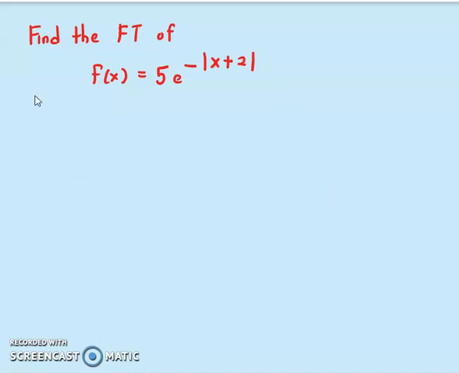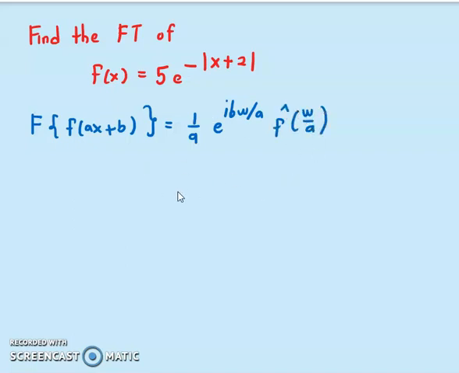Now we know that the Fourier transform of f(ax + b) is equal to 1 over a e^(i b omega / a) f hat (omega / a). So we need to use this. First of all, how do you do this? We have the Fourier transform of 5e^(-|x + 2|).